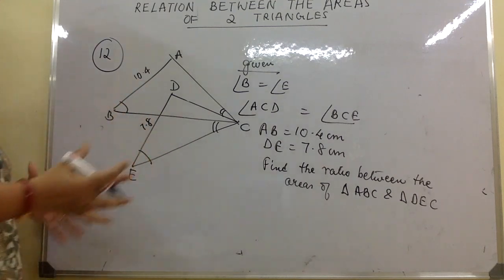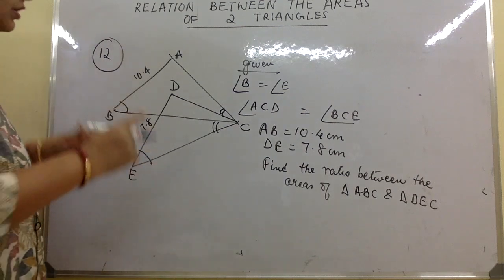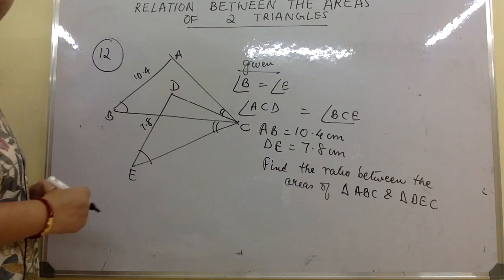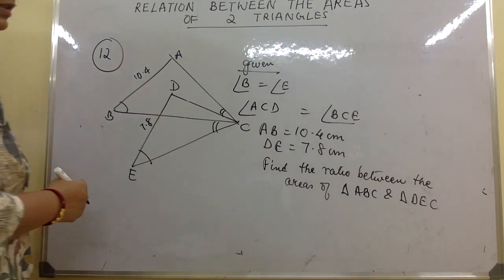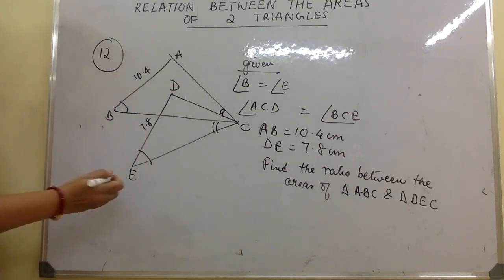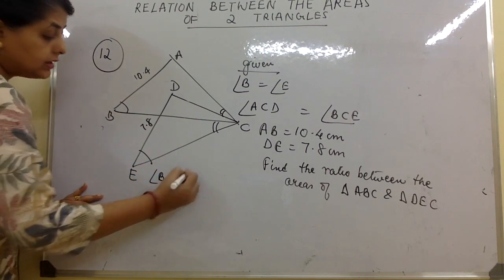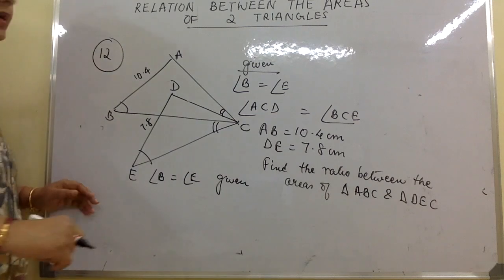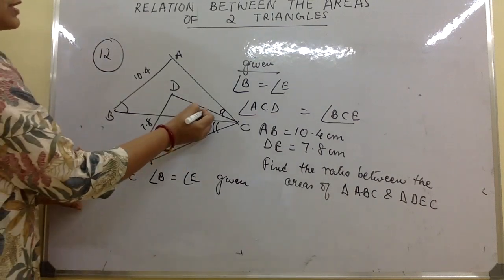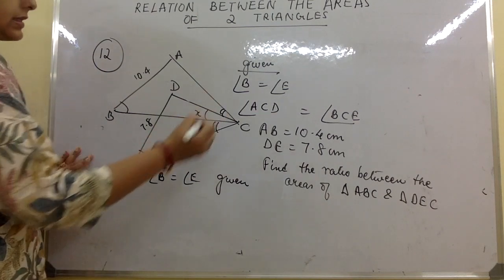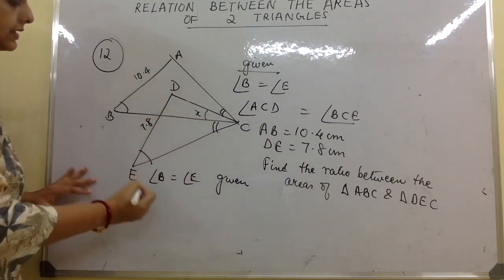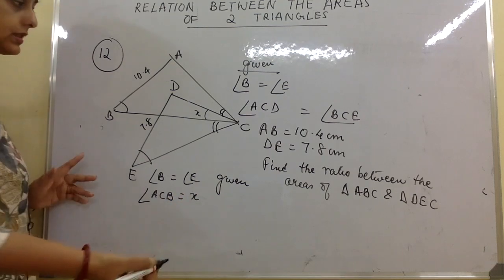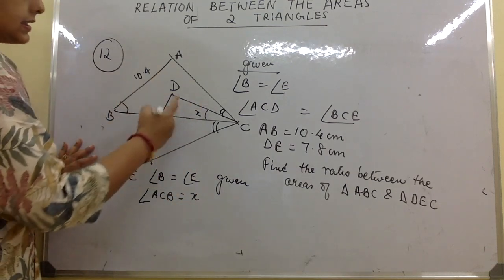First thing, again this mistake should not be made: you should not take for granted that the two triangles are similar. How we prove similarity between these two triangles is very important. Firstly, I can say angle B is equal to angle E, and that is given. But what about the second triangle? If I take this part as an x, then angle ACB is x plus angle ACD.